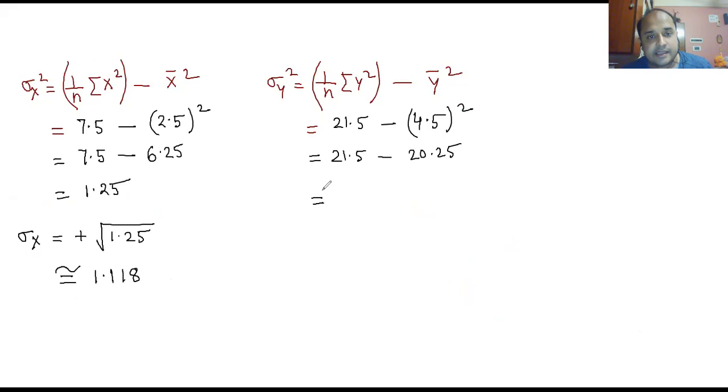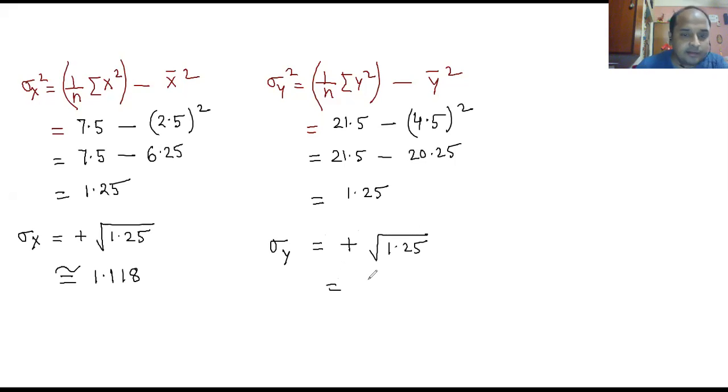And 21.5 minus 20.25 is again 1.25. Sigma y thus becomes the positive square root of 1.25, which we already know is 1.118. Okay, so we have got our sigma x and sigma y.